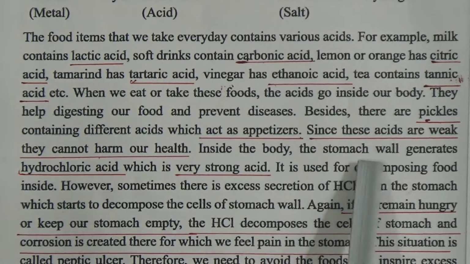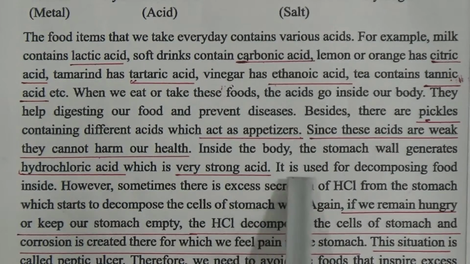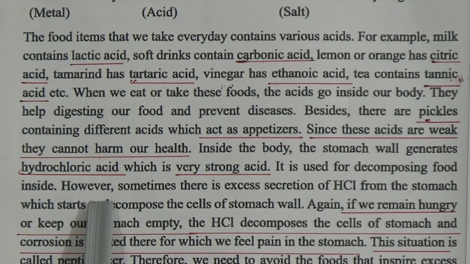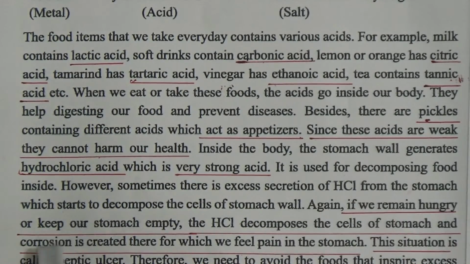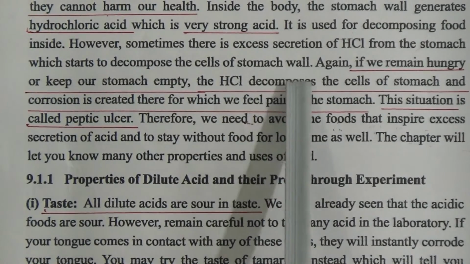Inside the body, the stomach wall generates hydrochloric acid, which is very strong, and it is used for decomposing food inside. However, sometimes excess secretion of hydrochloric acid from the stomach starts to decompose the cells of the stomach wall.